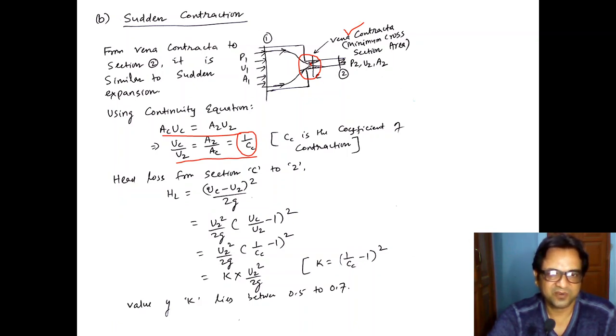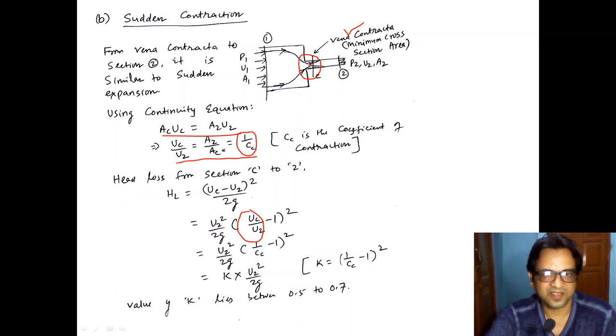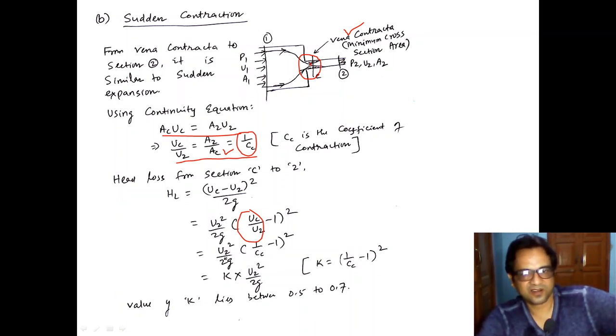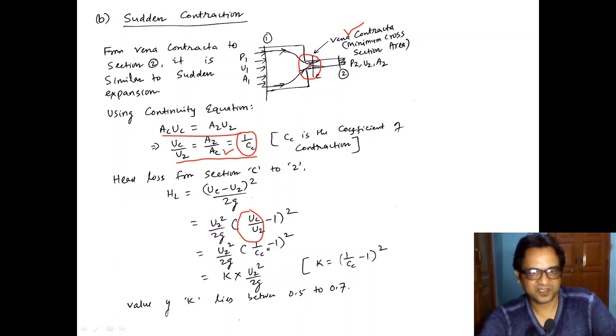Now UC by U2 we already know. Take U2 square by 2G common, so that we get (UC by U2 minus 1) square. This UC by U2 I can get in terms of CC, put the values. So the head loss due to sudden contraction is U square by 2G into (1 by CC minus 1) whole square. So this (1 by CC minus 1) whole square is a coefficient K.